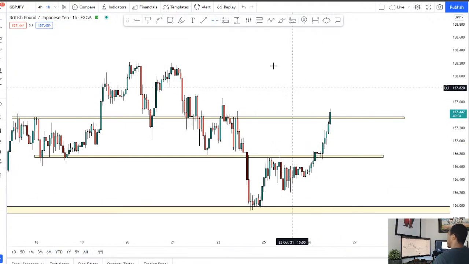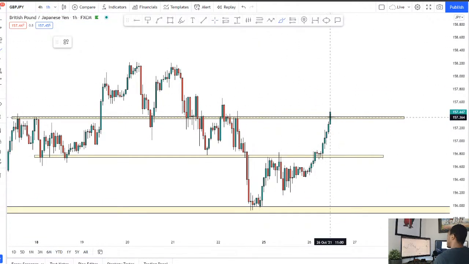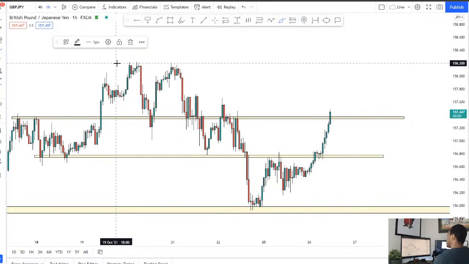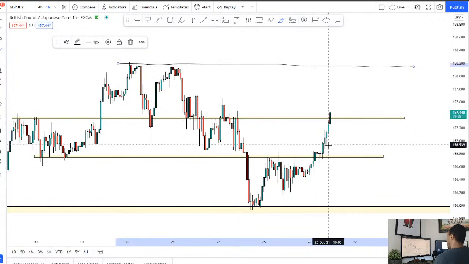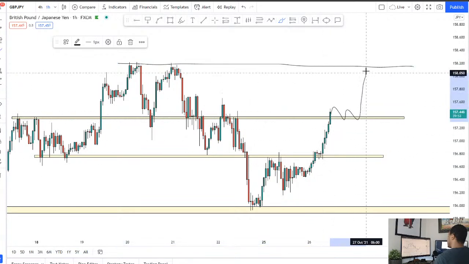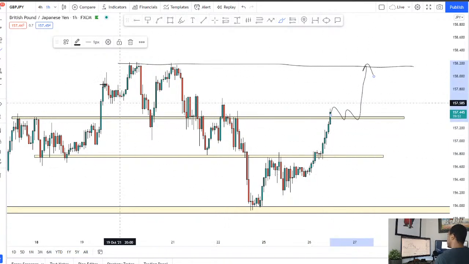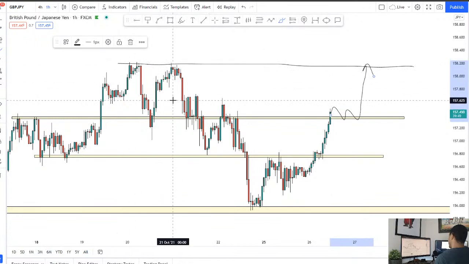So if Pound JPY does break through this high, through this resistance, I do think Pound JPY will head back to the highs up there. I'll be looking for the break and retest of this, and then continuation to the upside back up to 158,200. So for me, Pound JPY is looking bullish here. I think we're heading back up to 158 with this momentum.